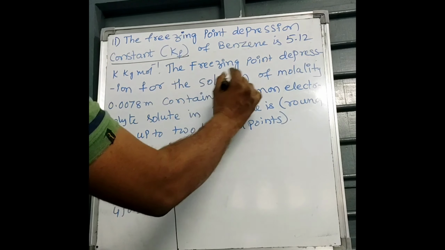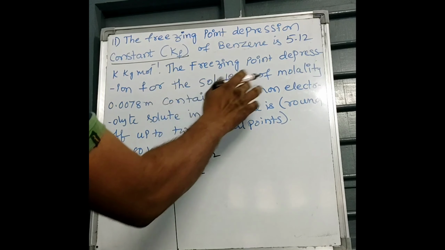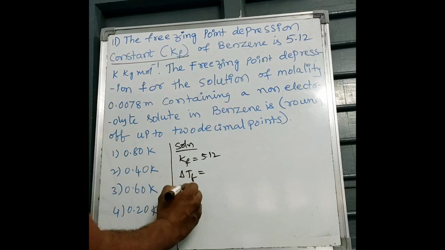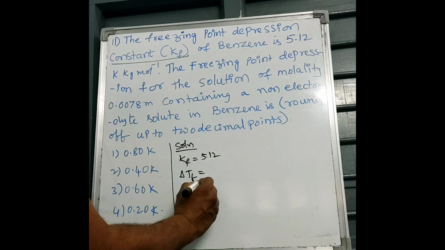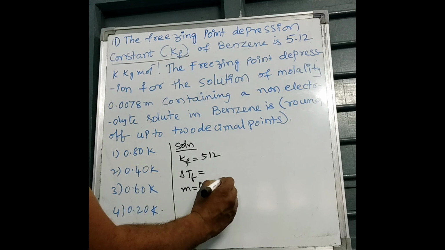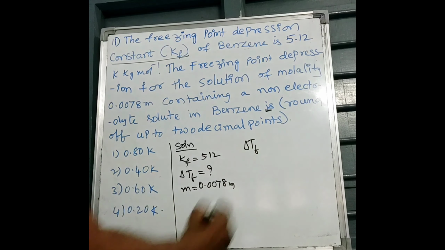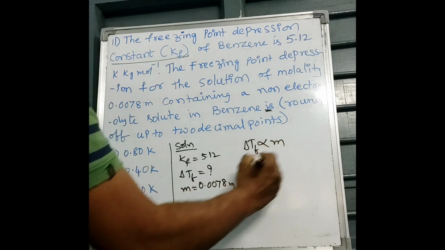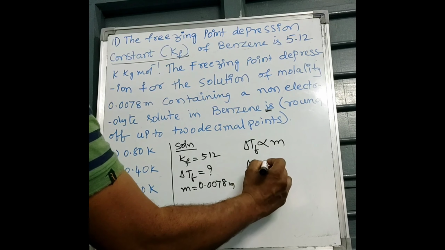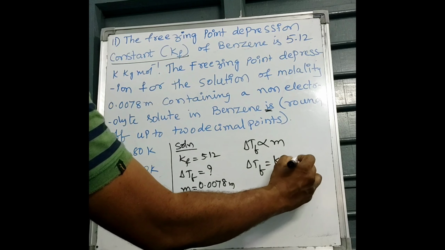The freezing point depression for the solution of molality 0.0078 molal containing a non-electrolyte solute in benzene is asked. So he is asking delta Tf, students. You know delta Tf is directly proportional to molality.